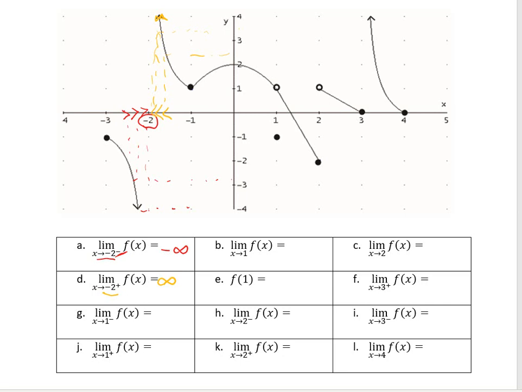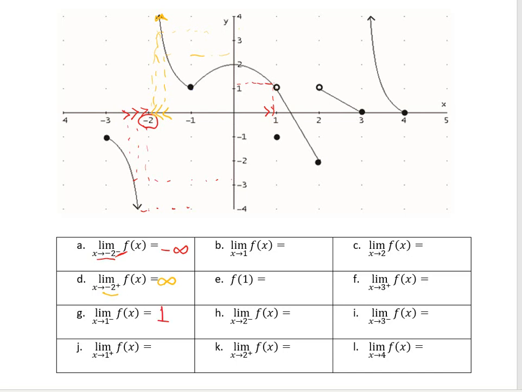Okay, awesome. Let's do a couple more of these. Let's do the limit as x approaches 1 from the left-hand side. If I approach 1 from the left-hand side, remember I'm following the line on the graph, it looks like it's approaching 1.